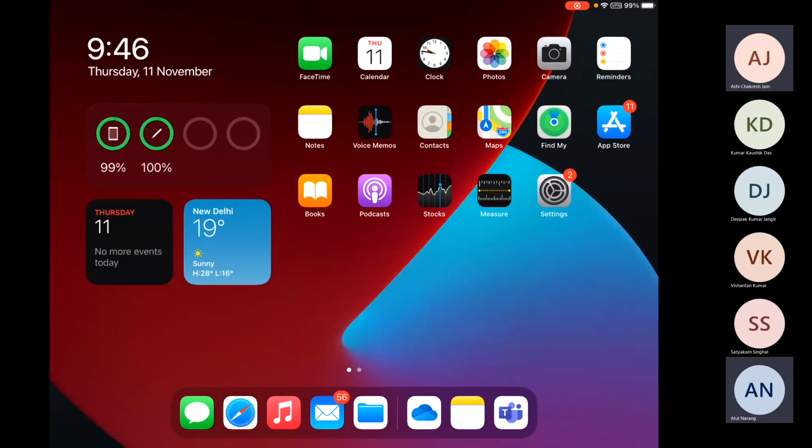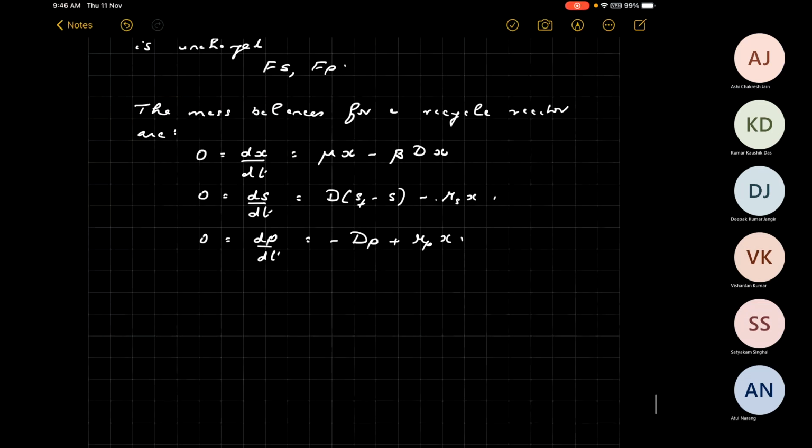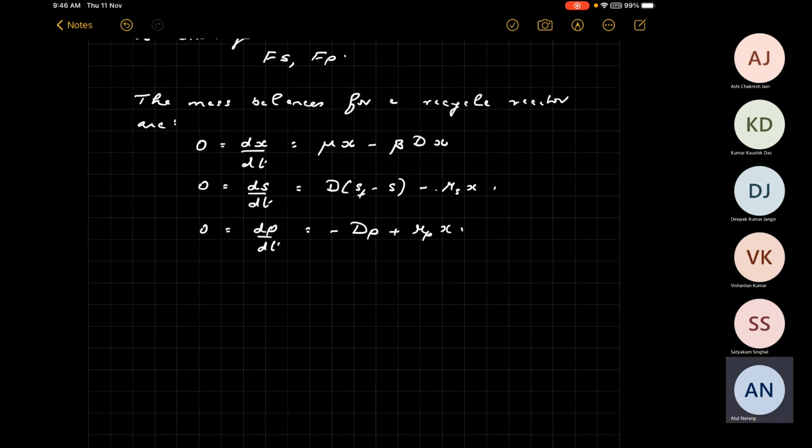Okay, so now you can see right away. So let's call these equations 1, 2, and 3.